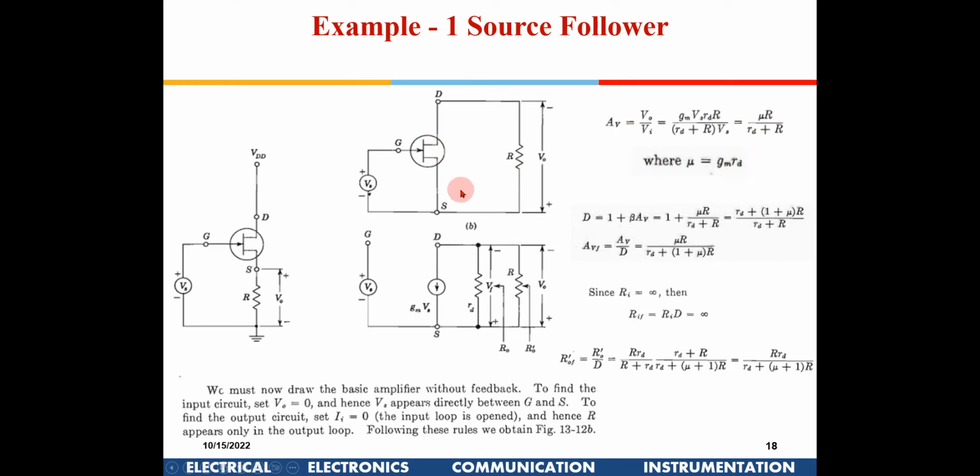Is it okay with all of you? Gain is GM into RD parallel to R0. That is what is written here. Parallel is RD into R divided by RD plus R. Is it okay with all of you? Okay. So now this is the gain equation, open circuit. And tell me what is beta in this case?